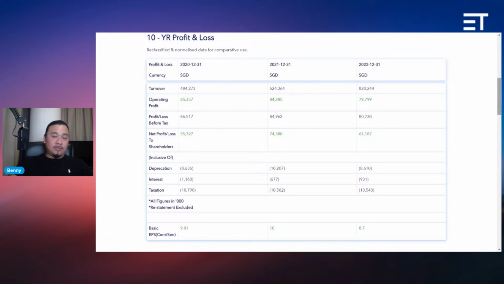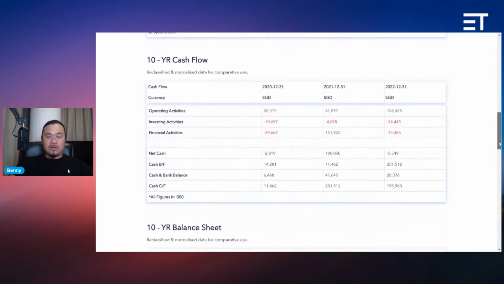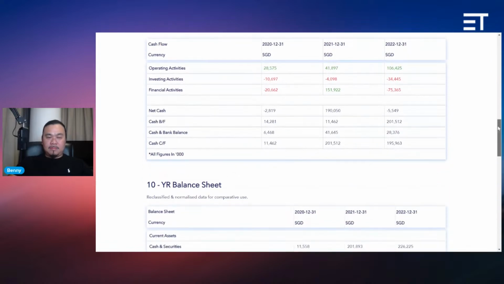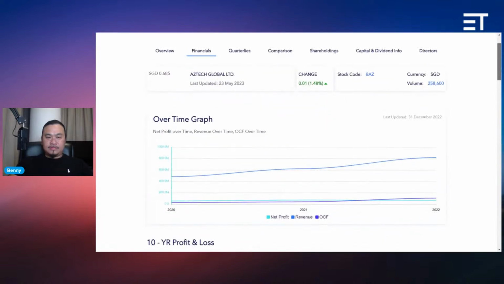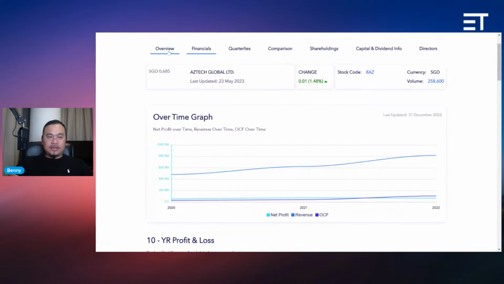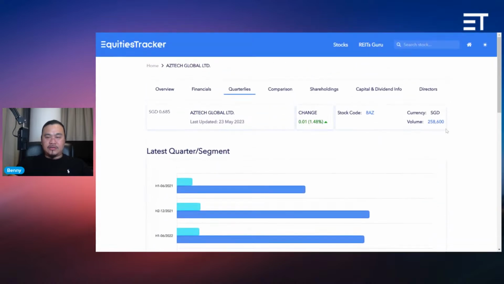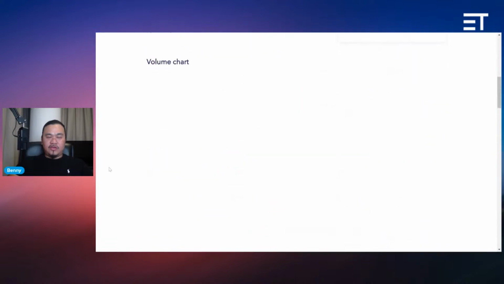So yeah, over the past 3 years, it's been showing quite good results. The operating cash flow has also gone up quite significantly. Okay, the cash has also increased. So basically it's quite a new company, like a 3-year-old company, right? And therefore you can only see a three year chart.